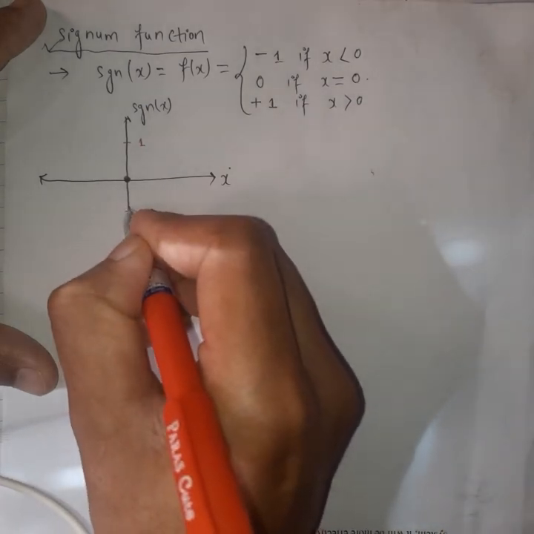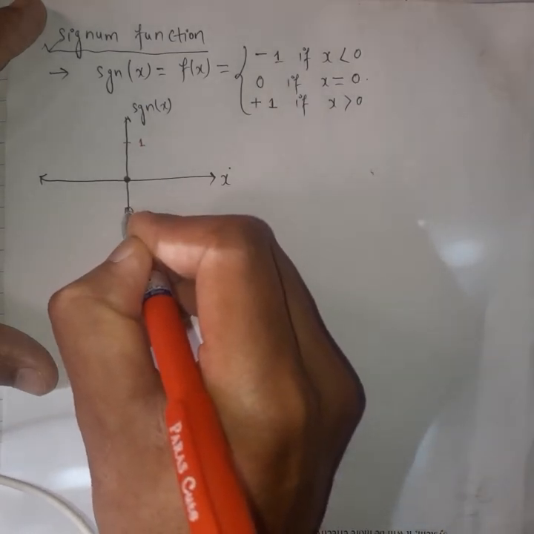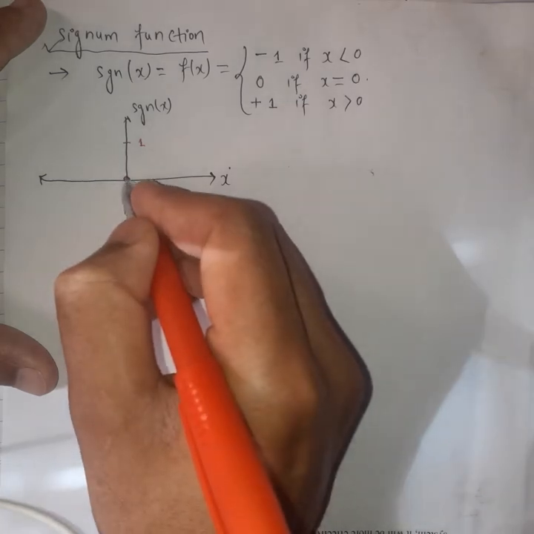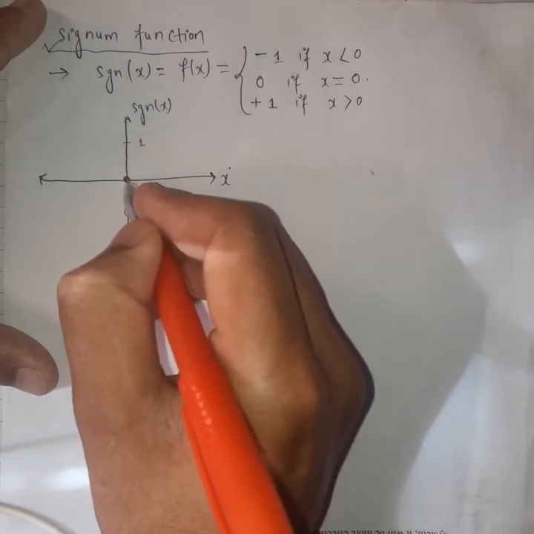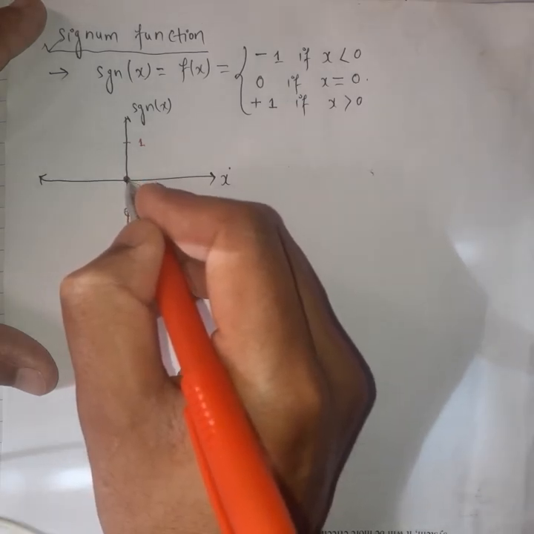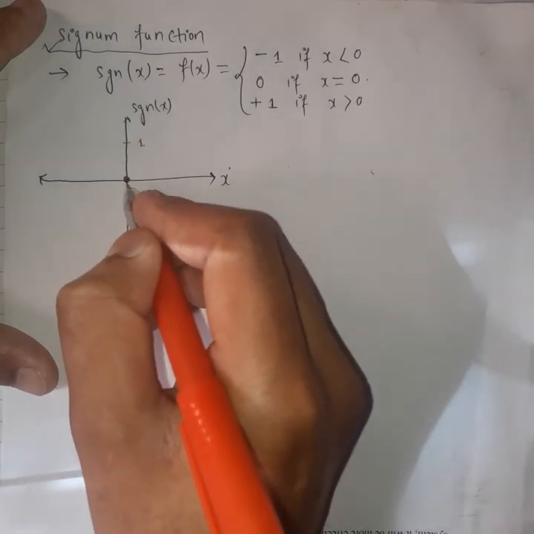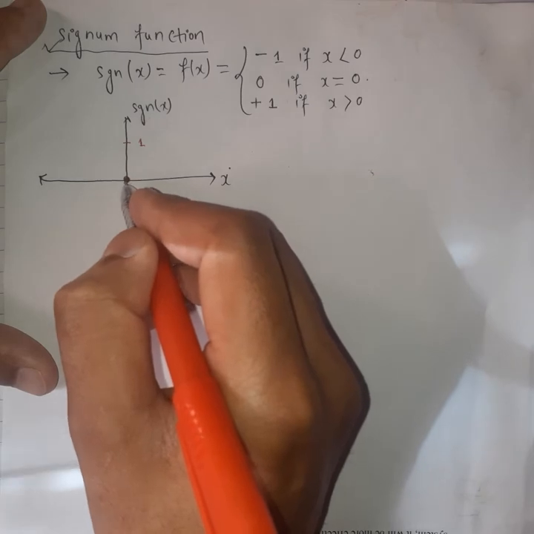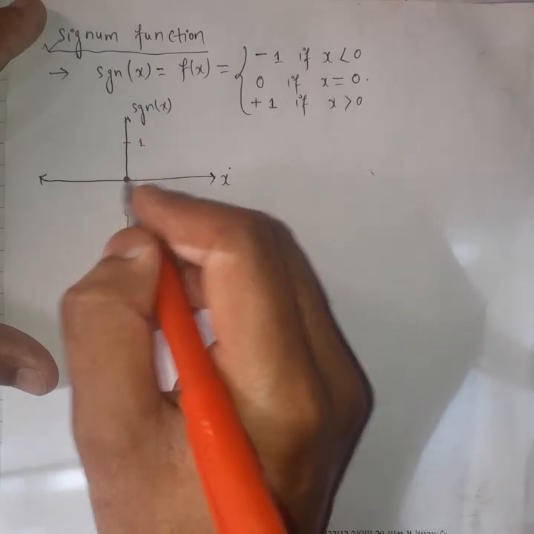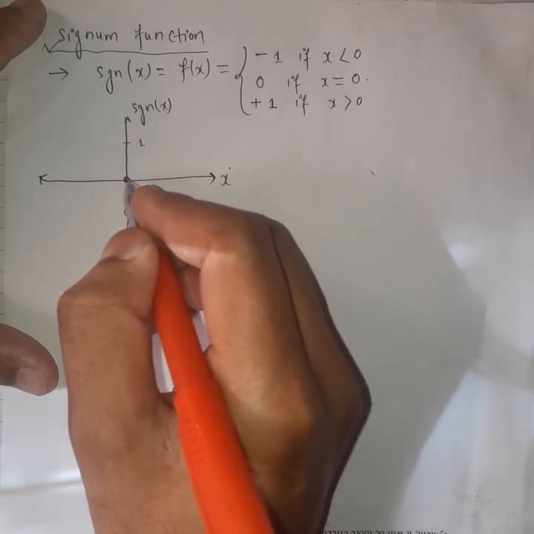So this will be the value. Here is the open circle, because at this point x equals 0 it is already defined, the value is 0, so we cannot take the same output value at the same input. The function will not be defined for two values of a single input.